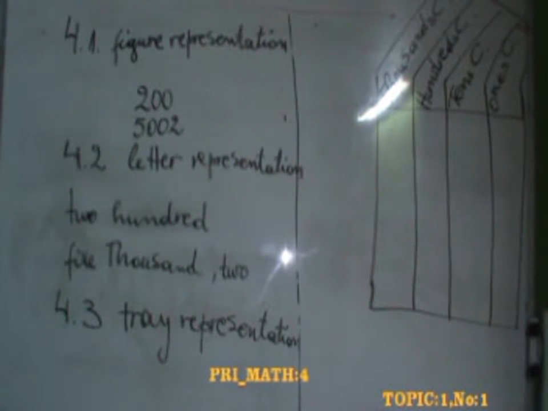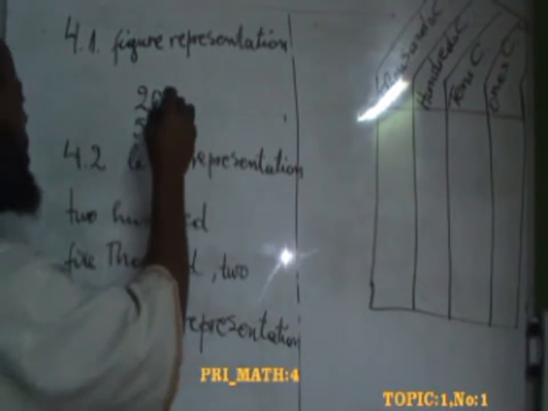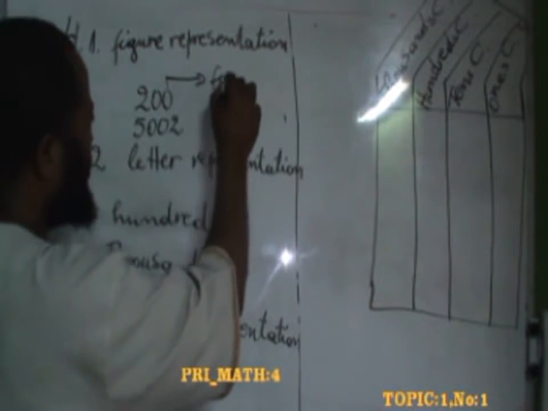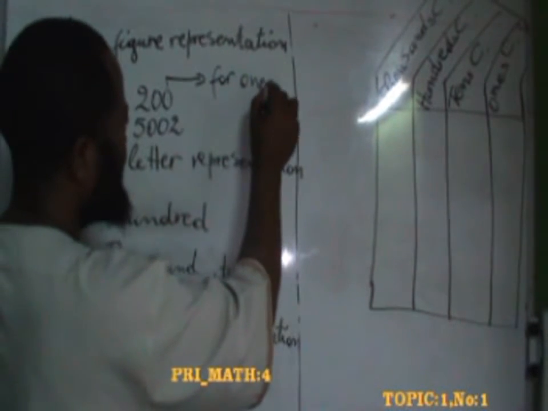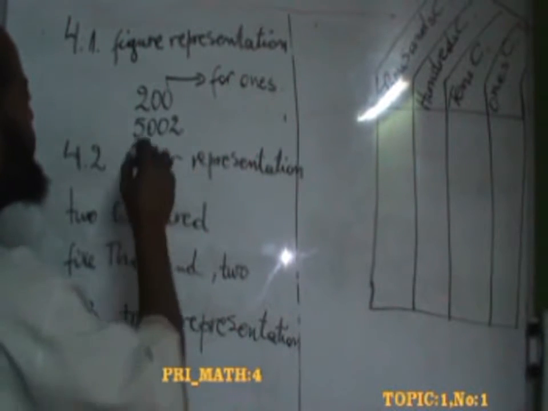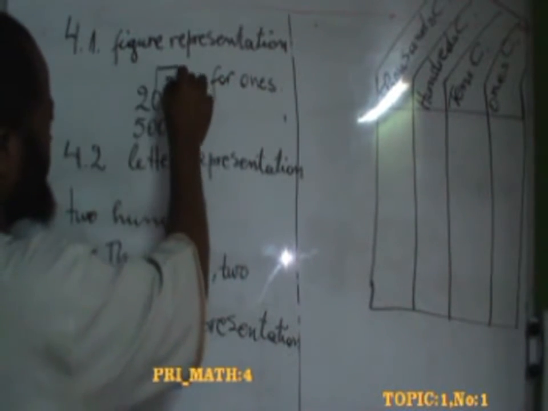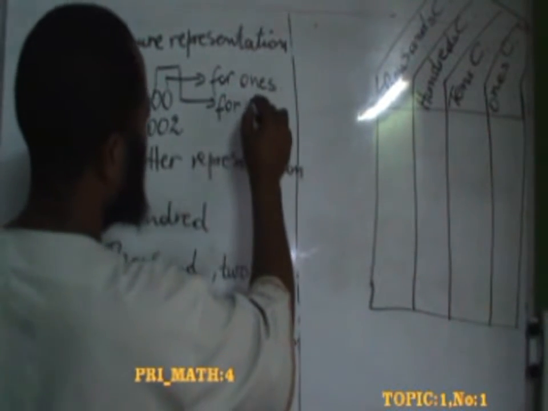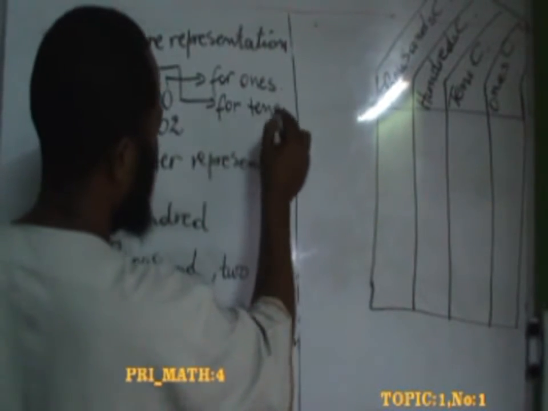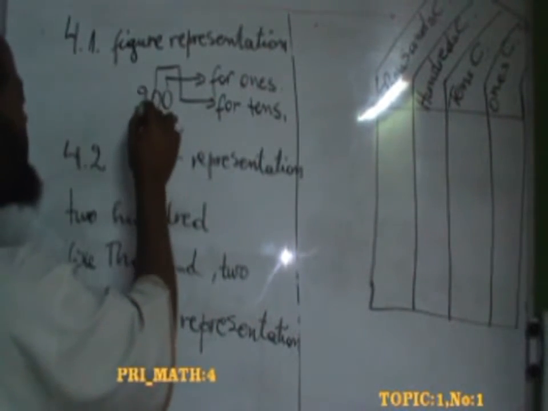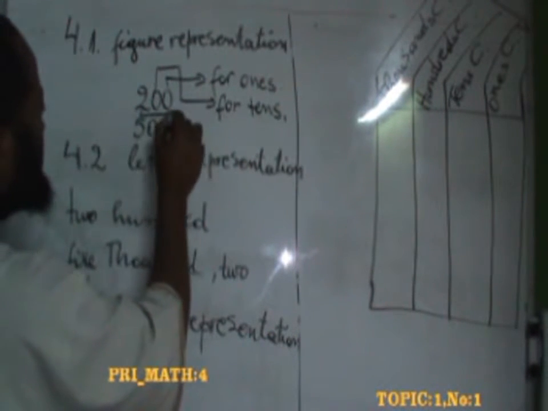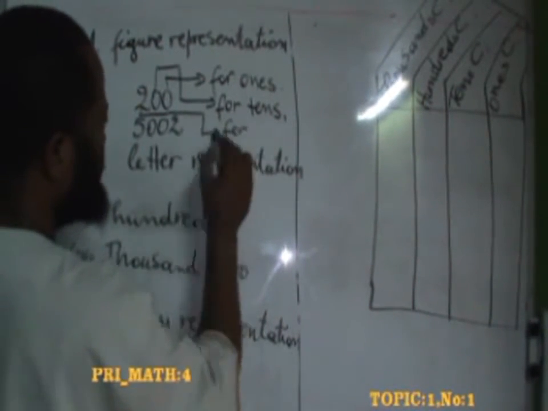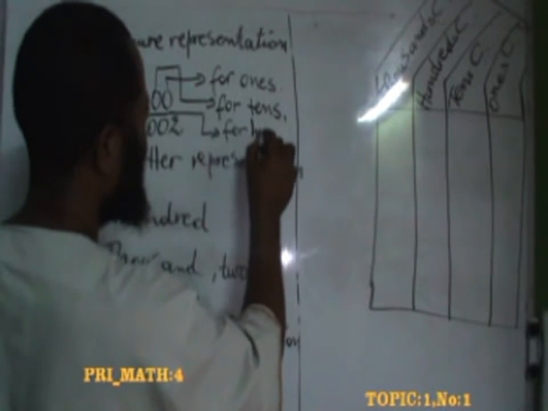These 3 digits are represented as follows: ones, tens, hundreds.